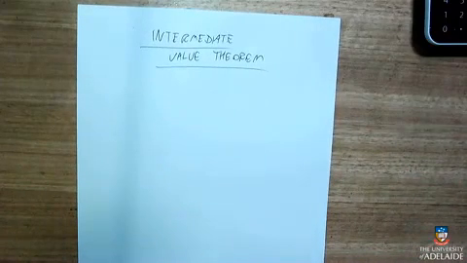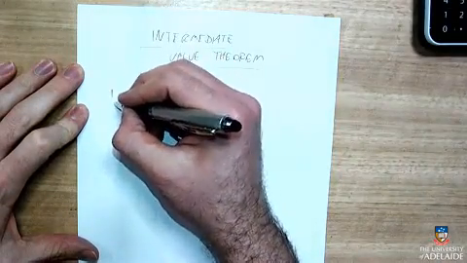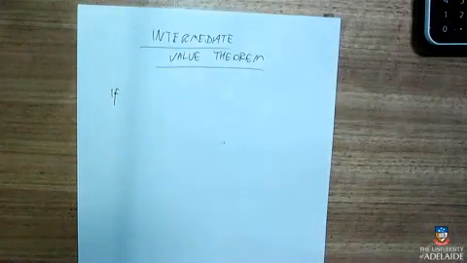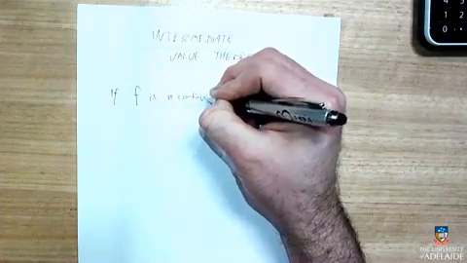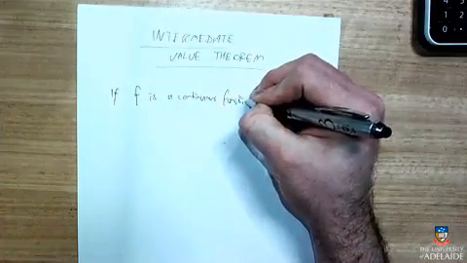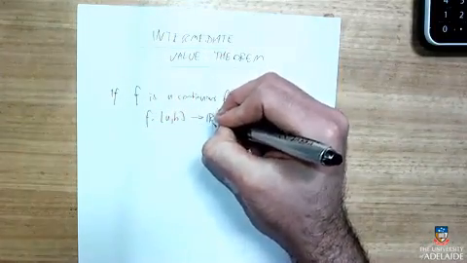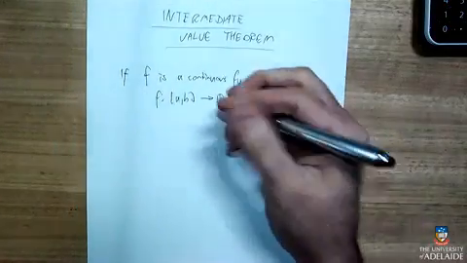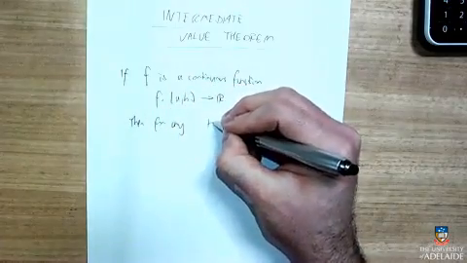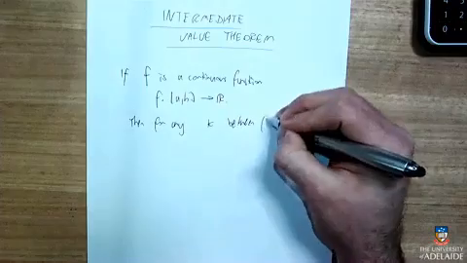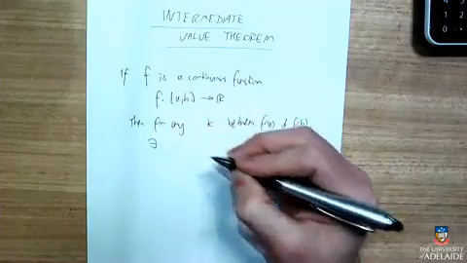But it's what our logical sense says that continuous functions should be, and now we have to be able to state it exactly. So if f is a continuous function which sends [a, b] to R, then for any k between f of a and f of b, there exists, have you seen that symbol?